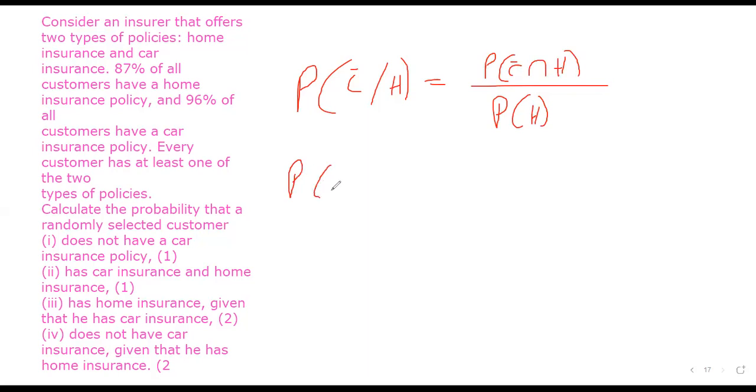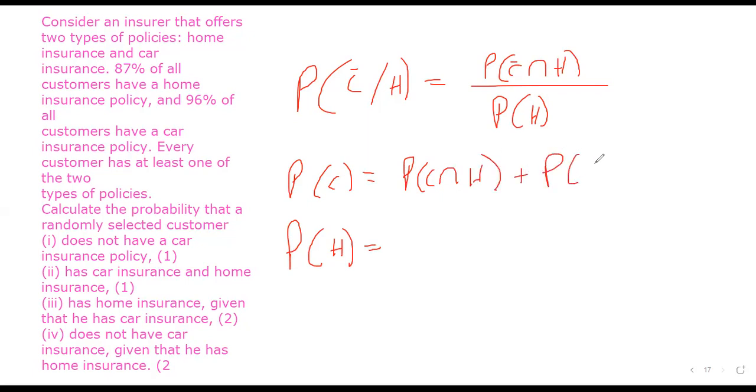You can try either of them, the probability of C and the probability of H, to see which one is relevant. For these two, you're just adding two intersections: the probability of C intersection H plus the probability of C complement intersection H. Also this one, the probability of C intersection H plus the probability of C intersection H complement.